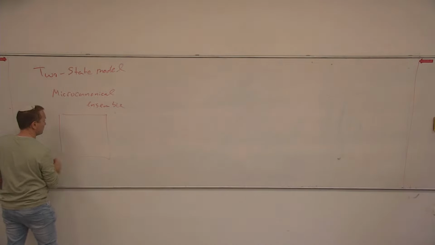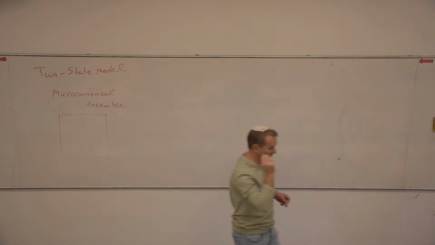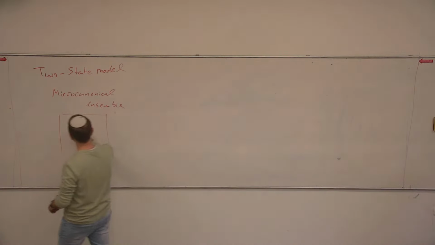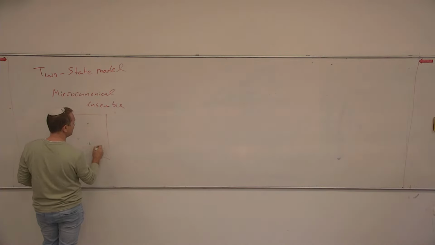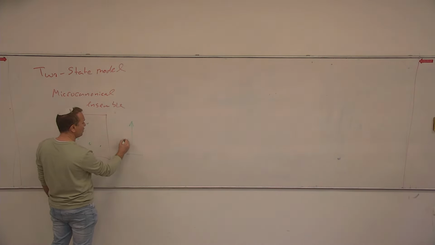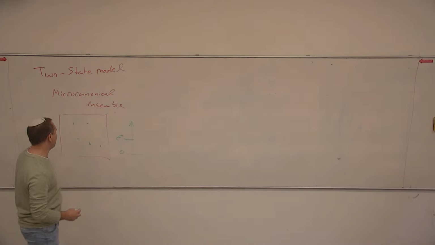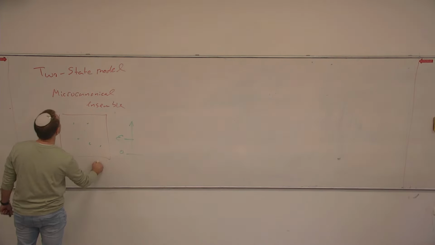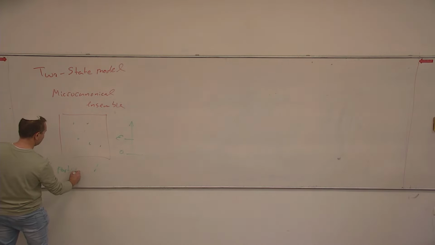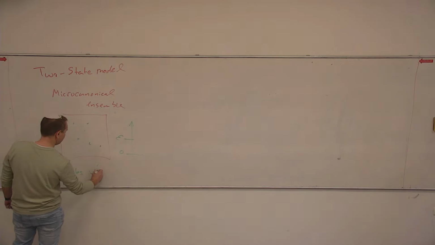We have a box, though it doesn't really matter if we have a box or not. We look at each individual particle. The energetic spectrum of each particle is 0 or epsilon. We have in total n particles in the system.